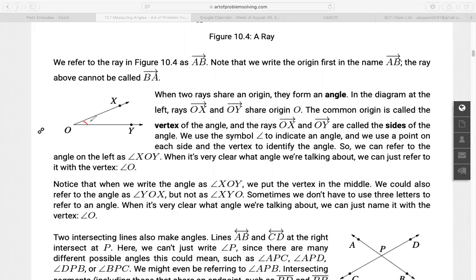Then use your protractor, you can measure how big this angle is. I can estimate this one is maybe about 30 degrees. For a full circle, that's 360 degrees, right?